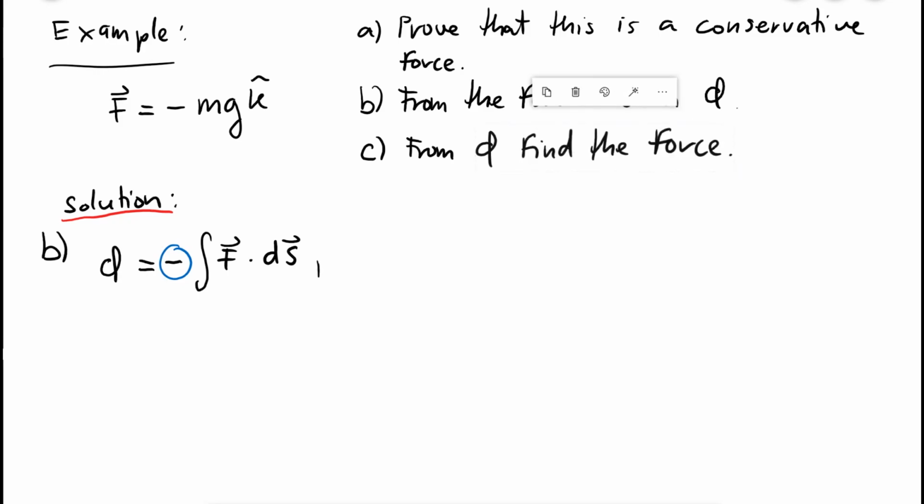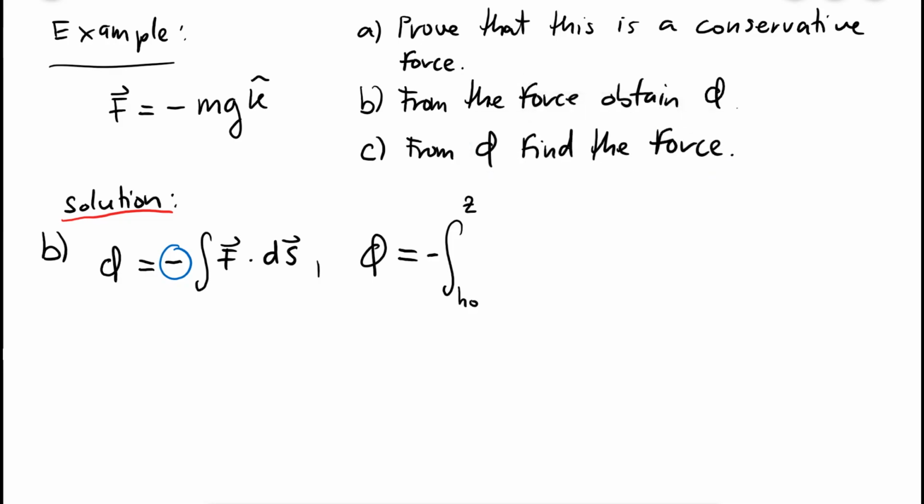And so we say that phi is going to be equal to the integral from some initial height 0 to some point. Since this force is conservative, it does not depend on the path we take. And since this force only depends on the height along the z direction, as you can see, it doesn't really matter what path you take.